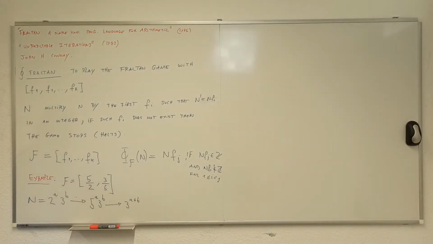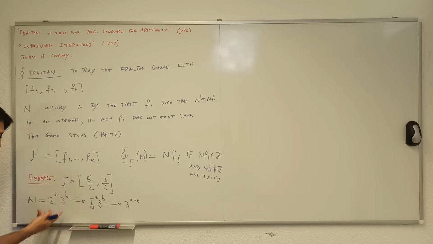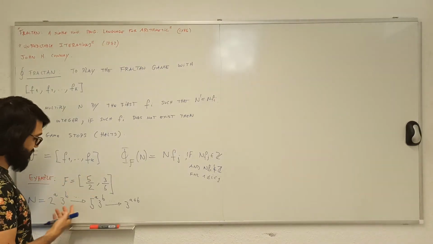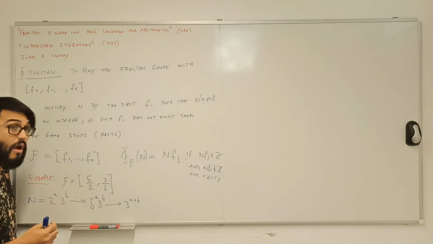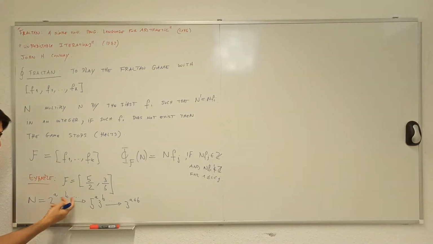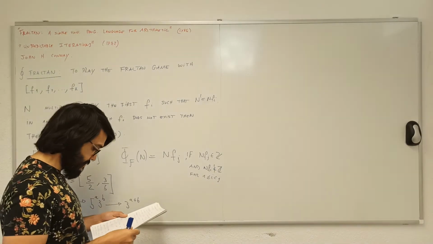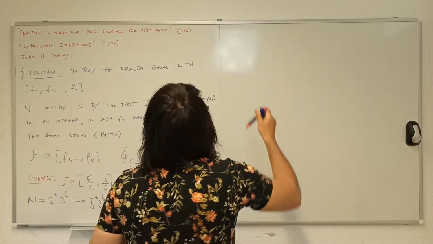Okay, so this FRACTRAN game adds integers. You can identify it with the arithmetic function that adds two integers. Now, already kind of revealing a bit of the magic behind all these things. And you can come up with all sorts of things. And so what's the relation with the Collatz conjecture?